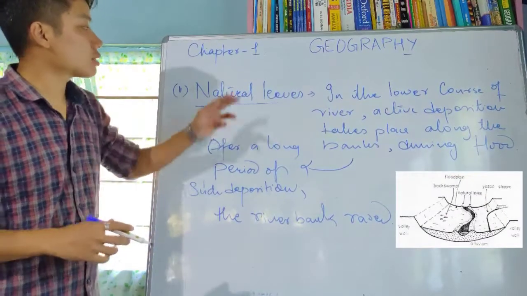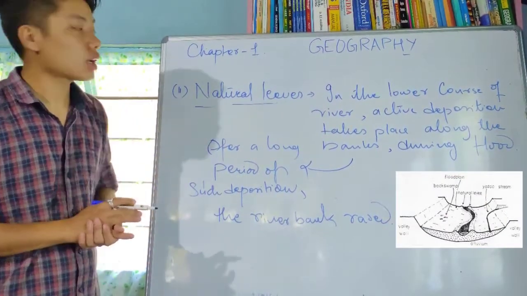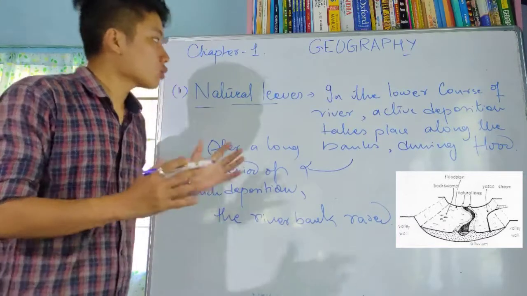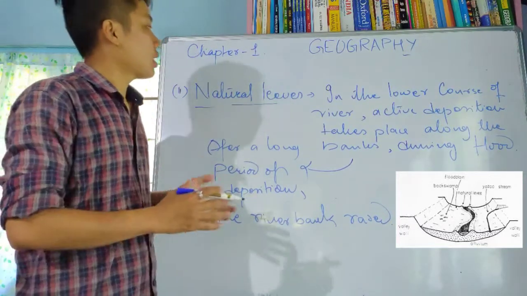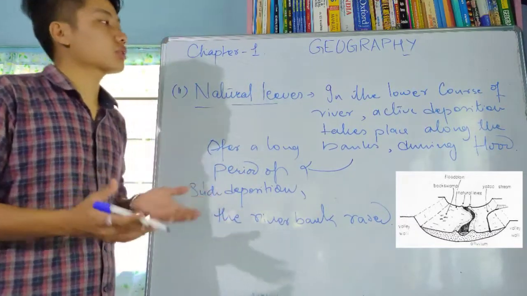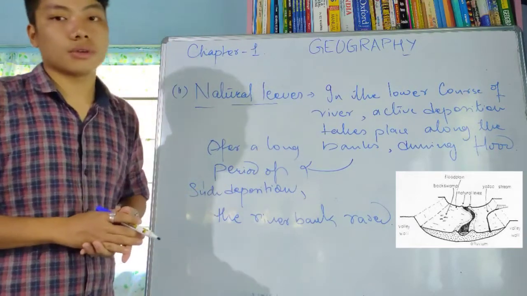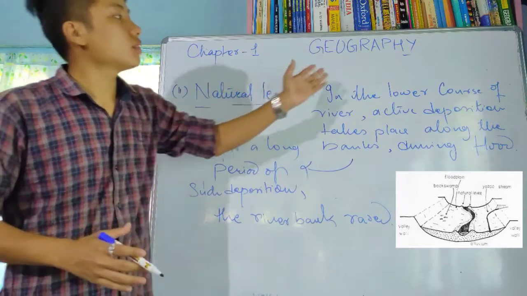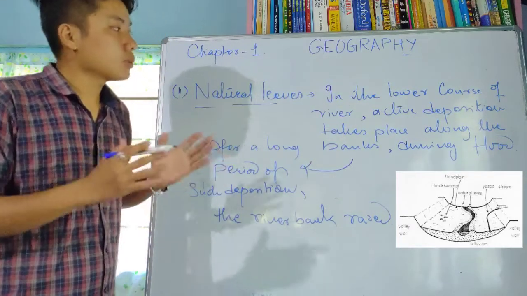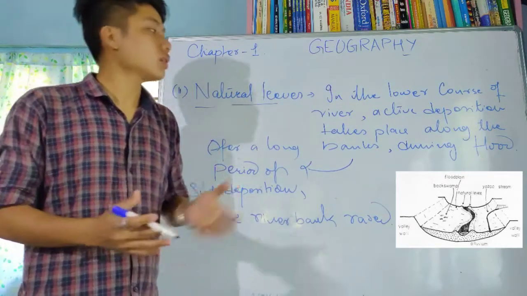Number two, the next depositional feature is natural levees. So what is a natural levee? I already told you that all kinds of depositional landforms we can see in either the middle course or the lower course of the river. In the lower course of the river, active deposition takes place. Why? Because of flood.